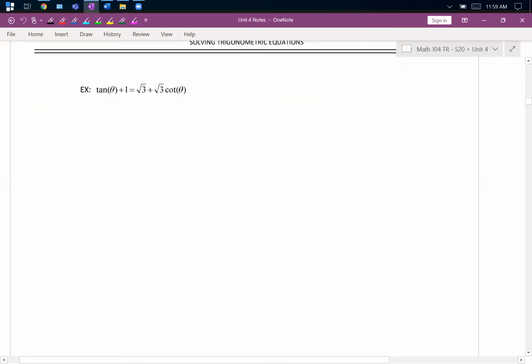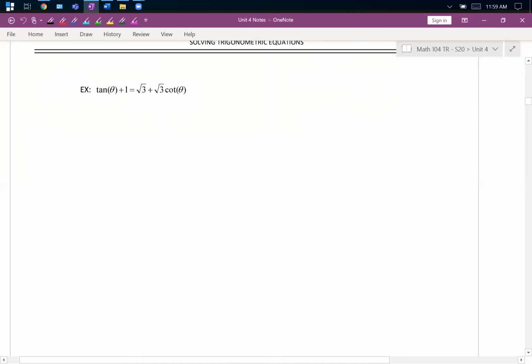Can you change the tangent to sine over cosine and change the cotangent to cosine over sine? We could do that, but that's going to create a little bit more work for us than another option. What's another option to relate tangent and cotangent? Can't you just do 1 over tangent?